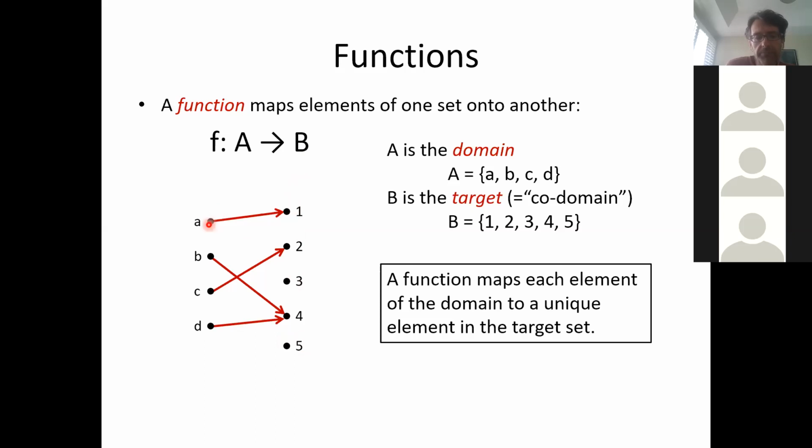This is a function, and to evaluate a function I can evaluate it on any argument. If I evaluate f of A, that's a 1. What is f of B? That's a 4. Also f of D is a 4. F of C is a 2.